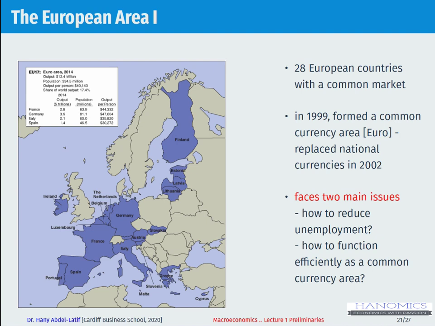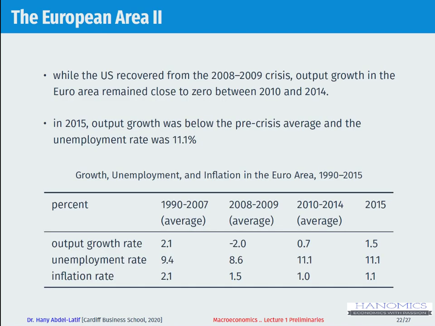Second is how to function efficiently as a common currency area. Regarding the first point, if you look at the same set of indicators, including unemployment, you will see that after 2008, 2009, for example, unemployment went up from 9.4 to 11.1.